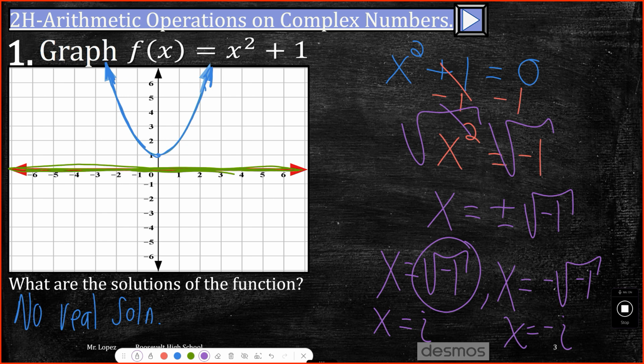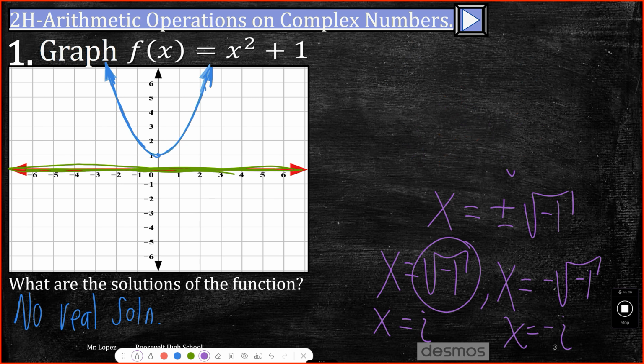How can we prove that this is true? All right, let's prove it. I'm saying that x equals I is a solution and x equals negative I is a solution.